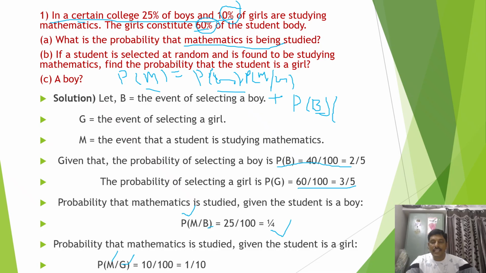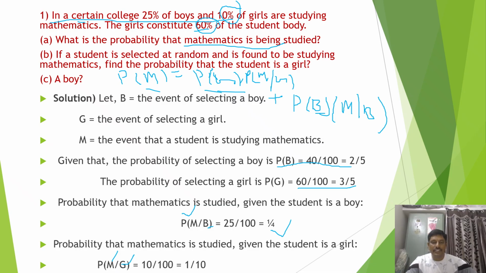Clear? P of B. If we select a boy, he should study mathematics, P of M by B. Okay, this is how we find a student who studies mathematics, right? So all we know in this formula: P of G is given, 60 by 100.